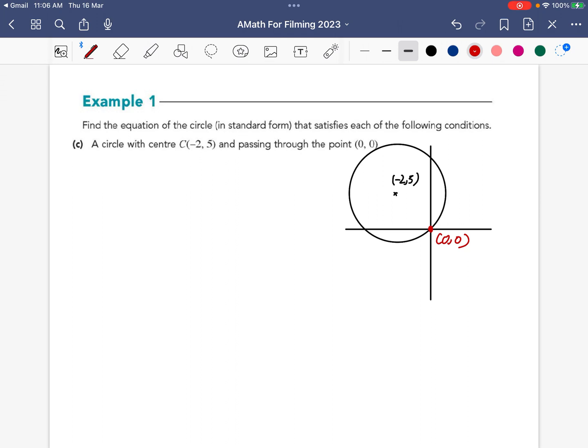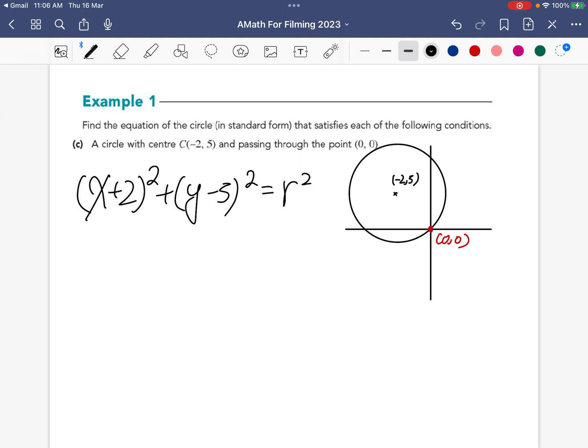First and foremost, we use the equation of a circle again. So I get (x plus 2) squared plus (y minus 5) squared equals r squared. Then we ask ourselves, how am I going to get the radius in this case? The radius is basically from the center to any point on the circumference.